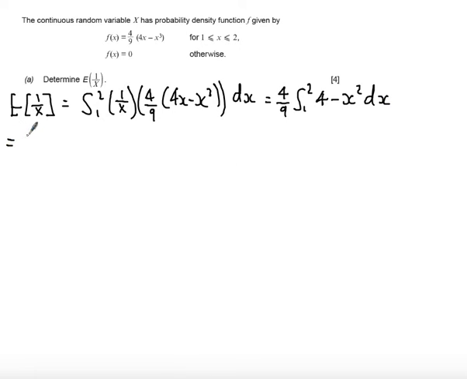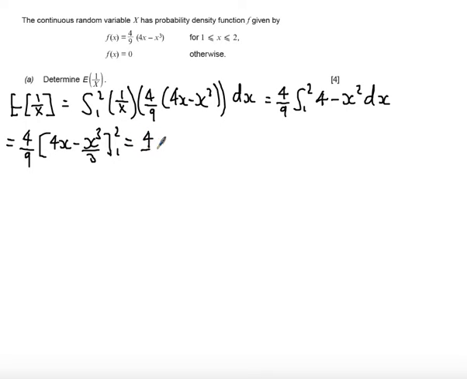So now integrating, I get 4/9 multiplied by 4x minus x cubed over 3 evaluated between 1 and 2.